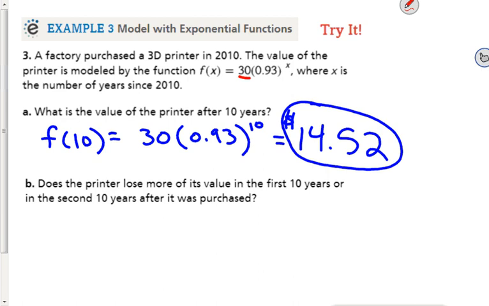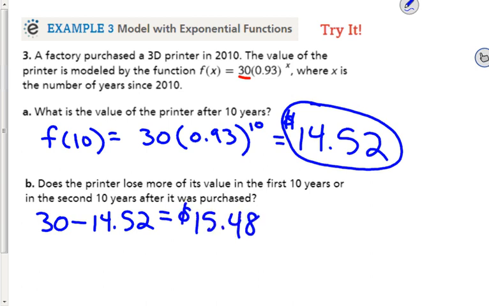Now, based on that understanding, we can find the value that was lost over the first 10 years, because we can take that initial value and subtract the value of the 3D printer after 10 years. Throw that in the old calculator. $15.48 was the value lost. I'm going to label this lost in the first 10 years.